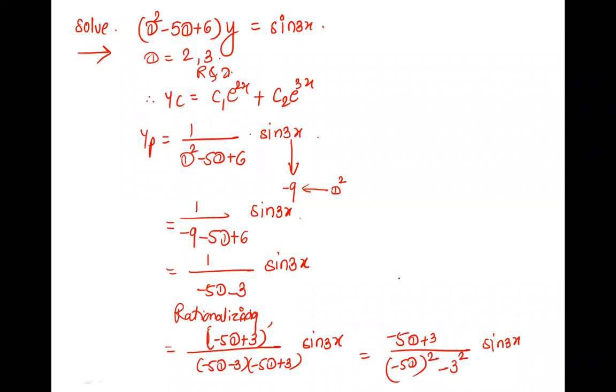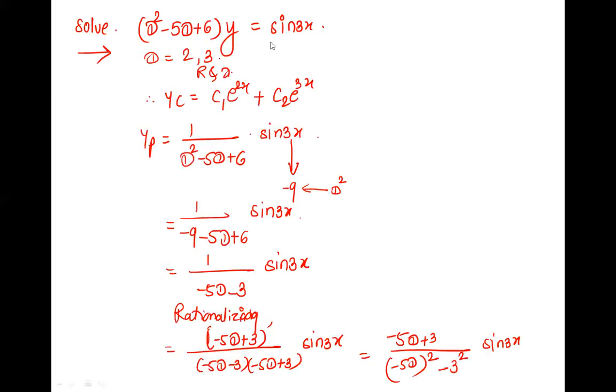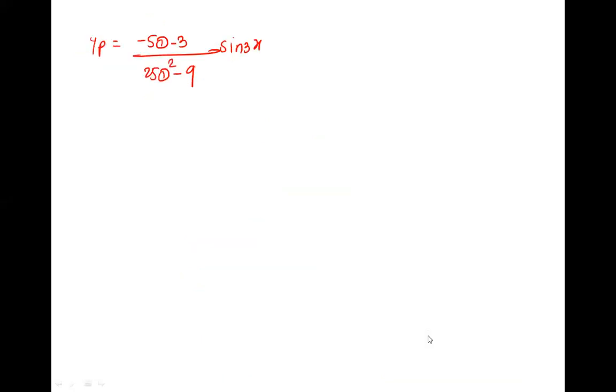Yes, ma'am. So minus 5d square means what will be the term? 25d square minus 9. Numerator as it is, minus 5d plus 3. Yes, it is plus 3.